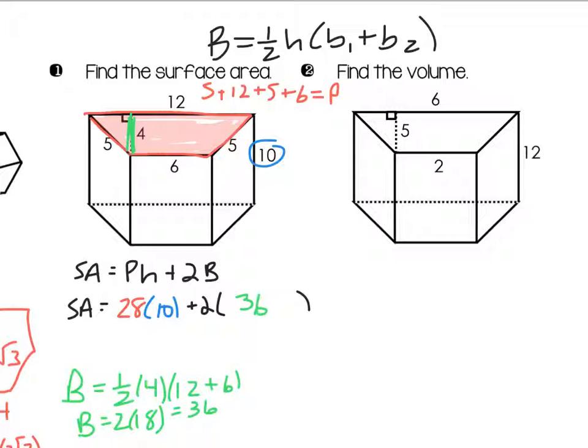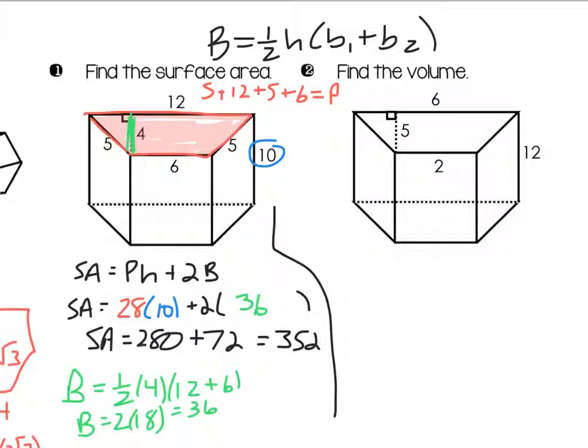And now we're going to add all of this together. So we get 280 plus 72 which is 352 for my surface area.